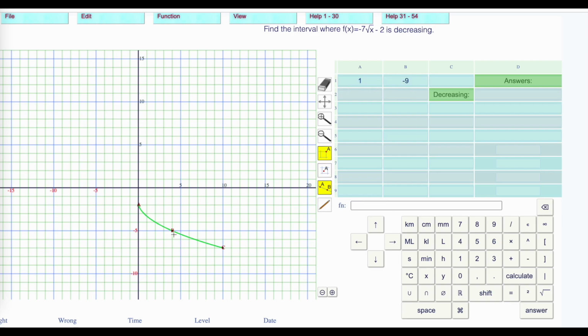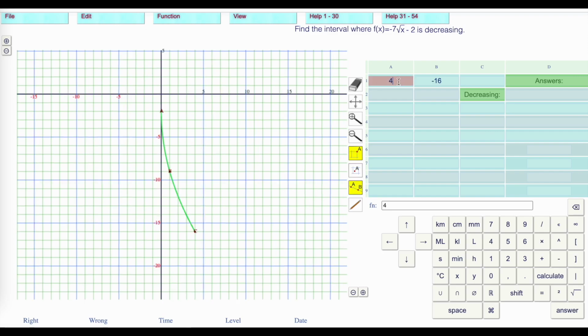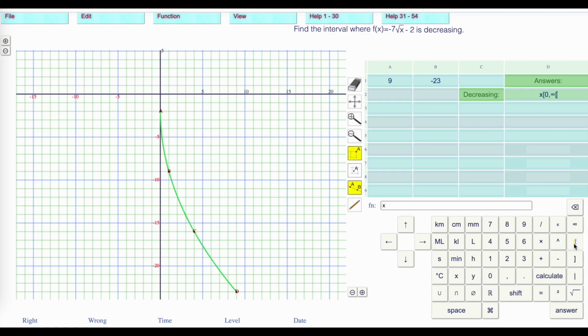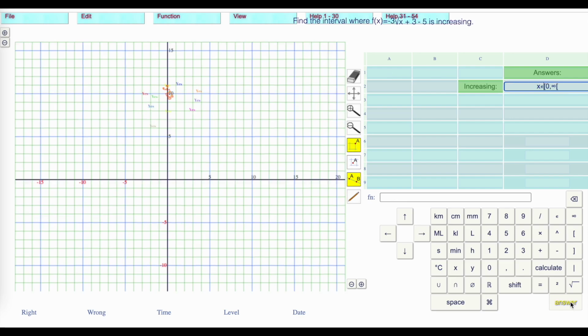At 1, we have -9. At 4, we're at -16. At 9, we're at -23. It's just going to keep opening this way. When's it decreasing? It's decreasing when x is a member of 0 to infinity, rejecto bracket on the infinity, and then press answer to see if you're right.